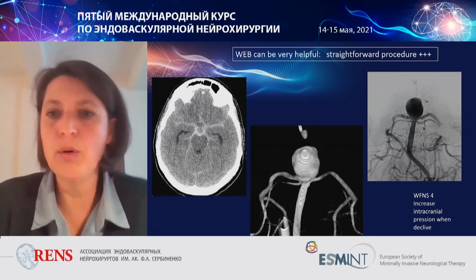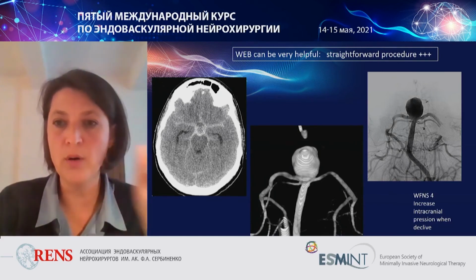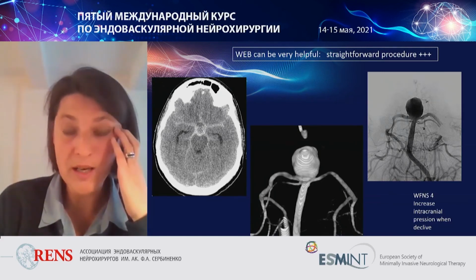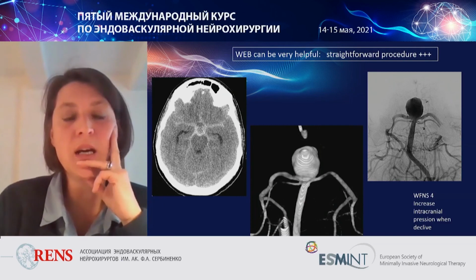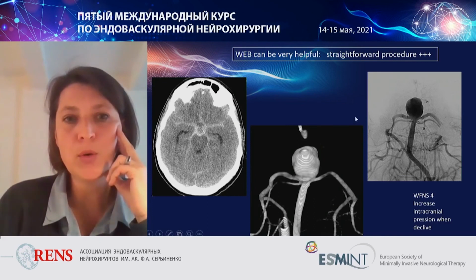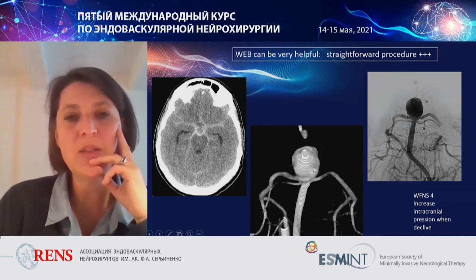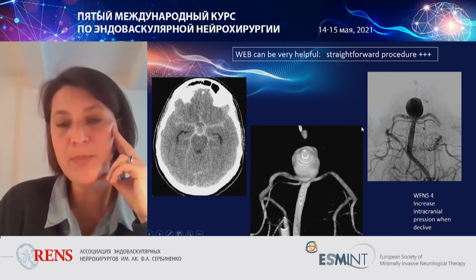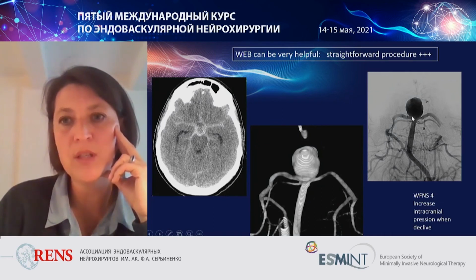In this case, the web was very helpful. It was a WFNS 4 SAH, and each time we decleaved the patient, the intracranial pressure was increased. So we need to treat this patient very rapidly, and it's not easy when you have this large neck.